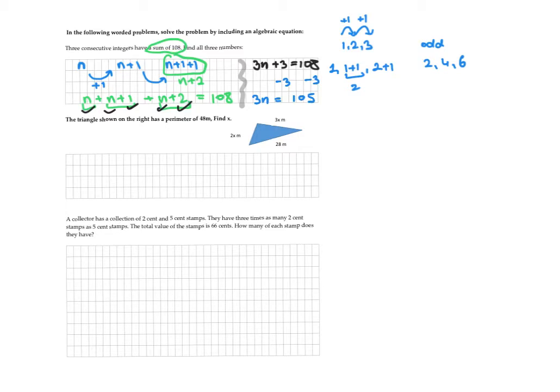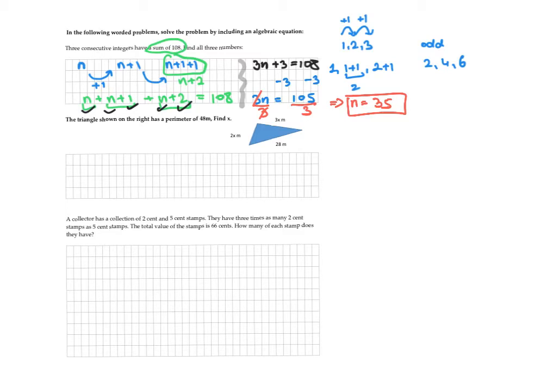Having 3n, all we need is actually 1n. In order to get that, we divide both sides by 3, because 3 divided by 3 is 1. Therefore n is equal to 35.